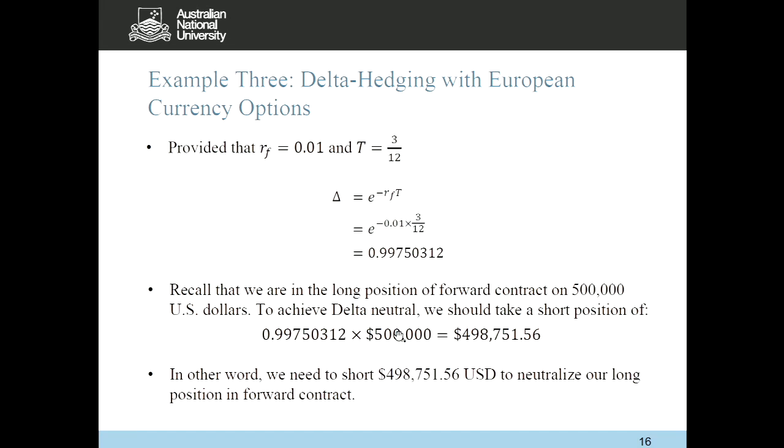And we are long the forward contract that covers $500,000, so that's our total exposure, 0.99 times $500,000, and we get approximately $498,000. So in other words, we need to short $498,000 to neutralize our positive delta on the long position on this forward contract.